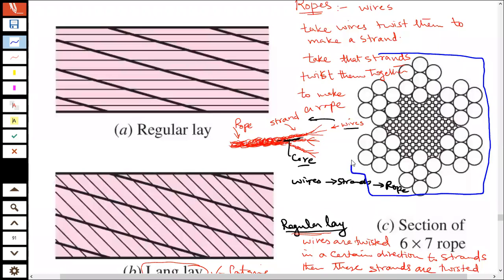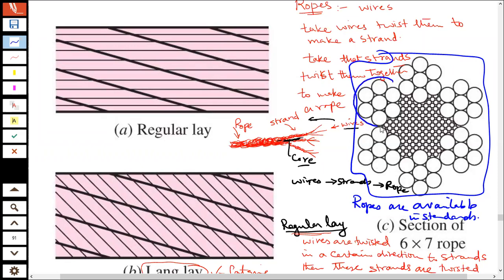Now these ropes are standard ropes. Ropes are available in standards. Now, what is this rope? If you look over here, these are the strands. This is a strand. Similarly, this is a strand.